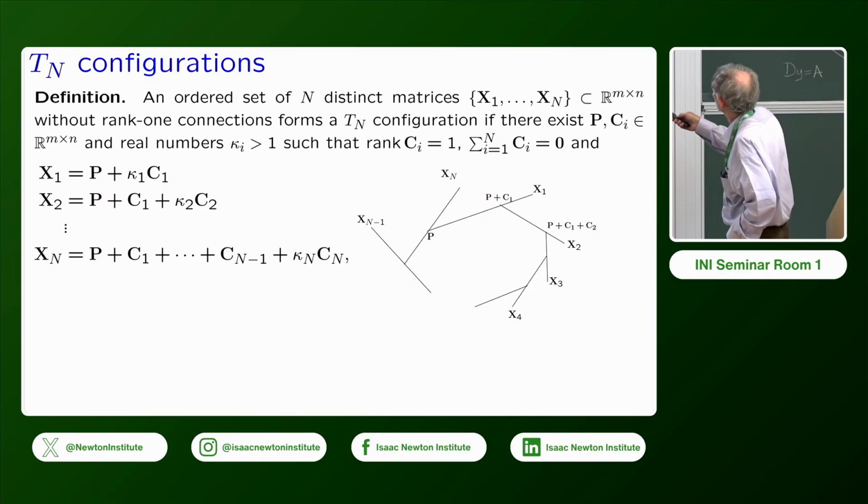The P_i are these points. This is P1. This is P2. This is P3, and so on. So they're the points that appear here.